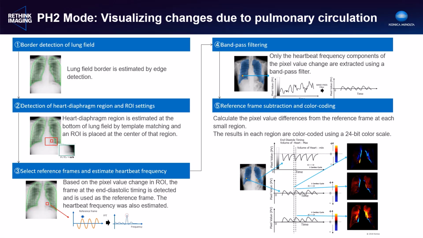We can then examine individual ROIs throughout the lung area, bandpass filtering the data to the cardiac rate. We then use this data to compare the signal in each ROI to the reference frame. A color map is used to represent the signal difference between each frame and the reference frame. This gives us a color map of relative signal changes throughout the lung over the cardiac cycle.